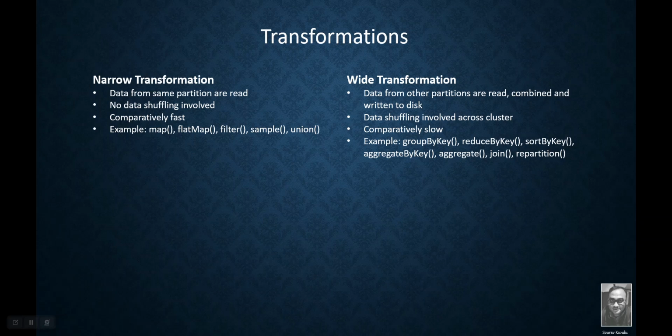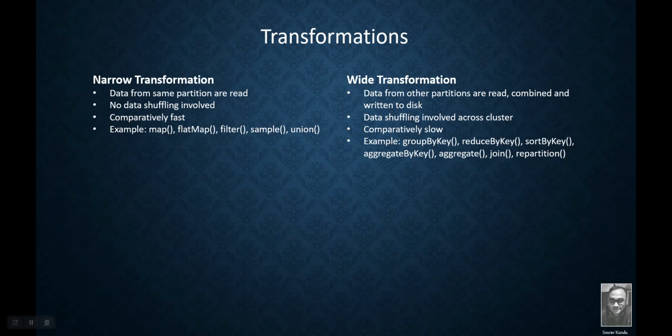As a result, data rows can move between worker nodes when their source partition and target partition reside on different machines. Shuffling is a time consuming operation. In narrow transformations there is no shuffling, so it's comparatively fast.